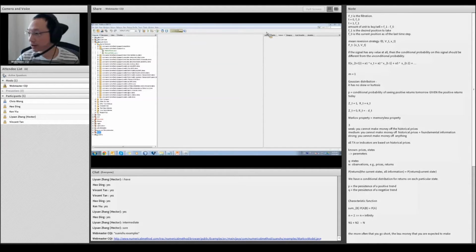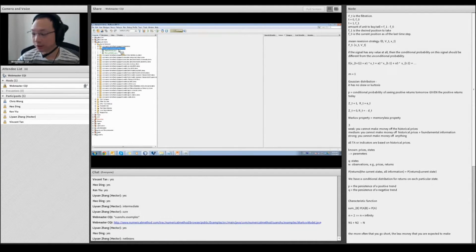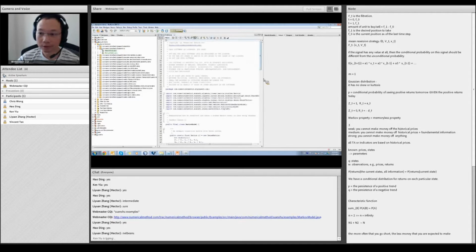Now, I just want to make sure you guys are still seeing my lab beans window, not the PowerPoint. Okay, good. Now you see the Markov model. Basically, I copy and paste the example from the link to here. Can you see whether you can run it? The way you do it is you copy and paste it, and maybe you fix the imports.